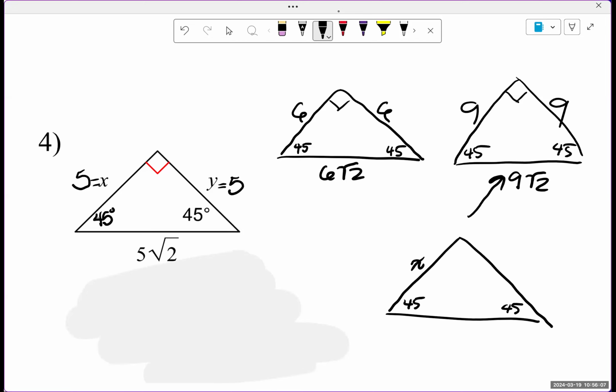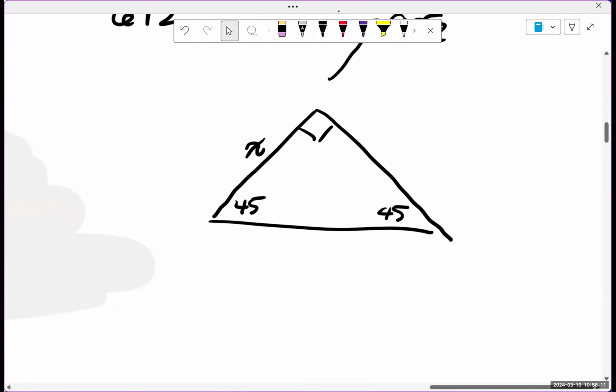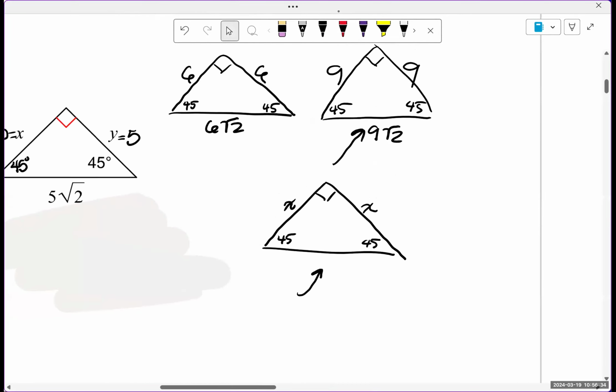If this is X, okay, Zoomers, if it's 45, 45 and the left side is X, the right side is also X. And the hypotenuse is, look at our pattern.